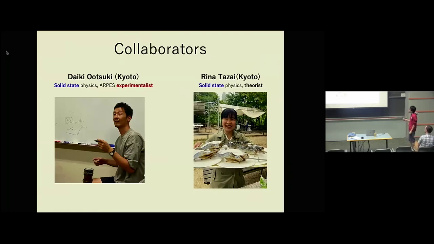And together with Daiki, who's an experimentalist using a technique called ARPES, where he usually shines a light onto a material and sees what the electron states are. But this is a pure theory work, but they have been very helpful in yelling at me when I say something crazy.